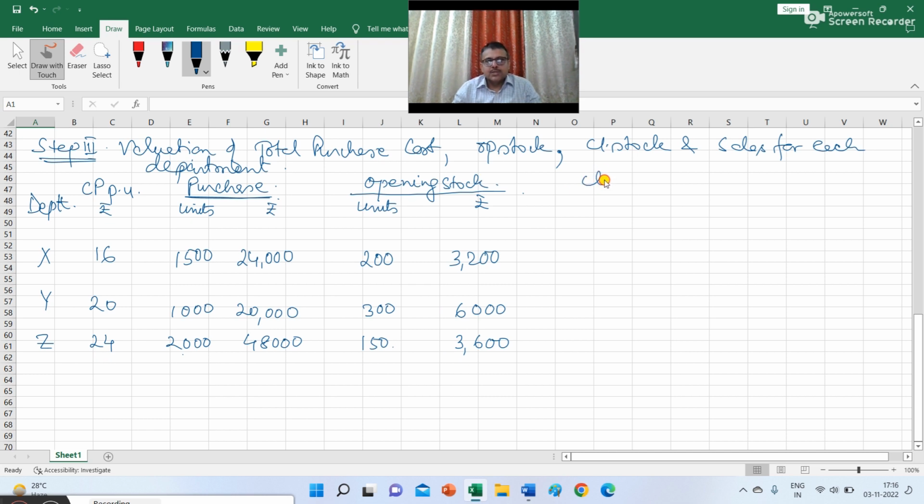Then the closing stock, units and amount. What is the number of units of closing stock for department X?